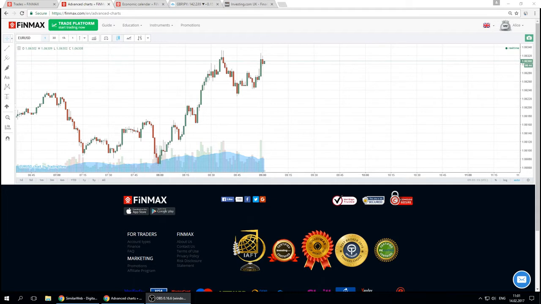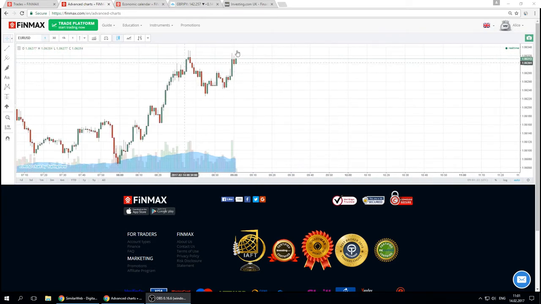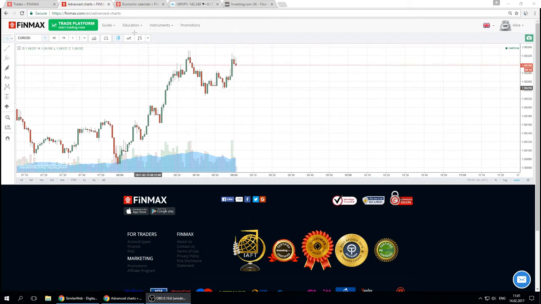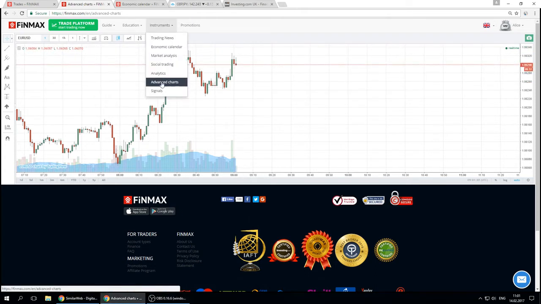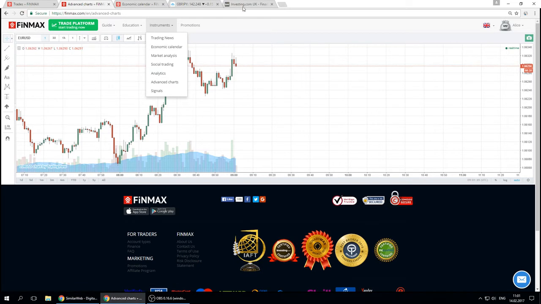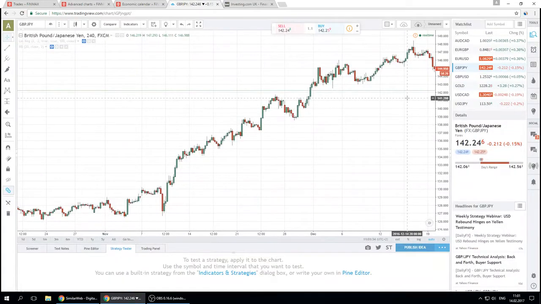In order to use the level-based strategy, we need a chart. As you see, I'm using a candlestick chart. You can use it on our platform in Instruments, Advanced Charts right here, or you can switch to, let's say, TradingView directly, and there are also charts where you can save the indicators that you like and use most.